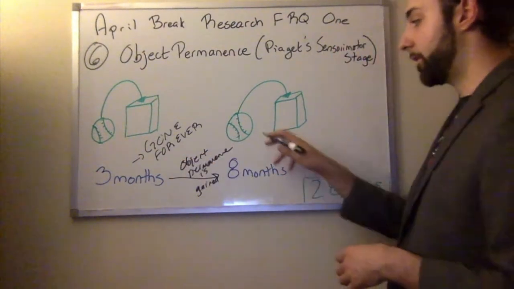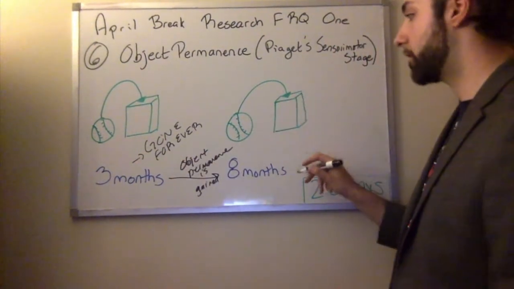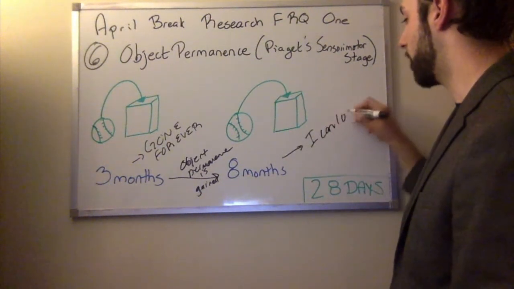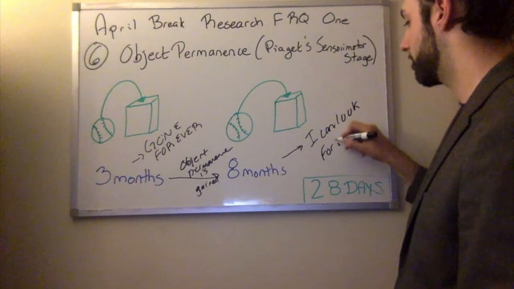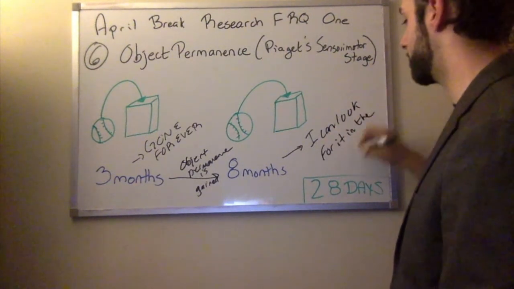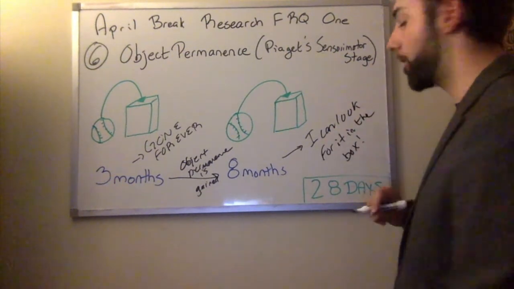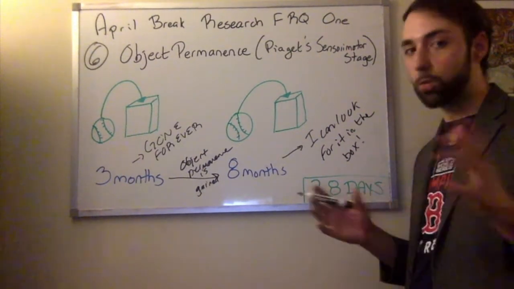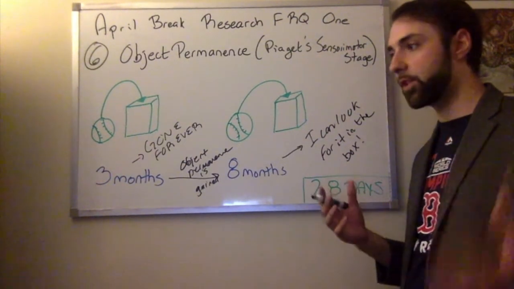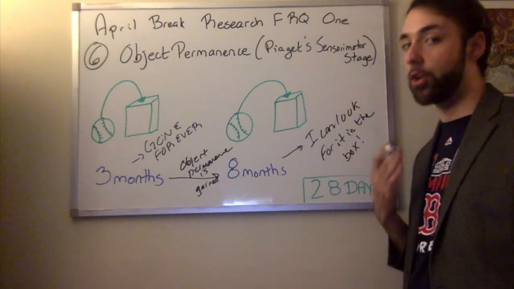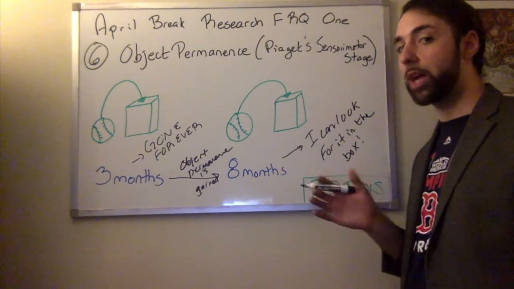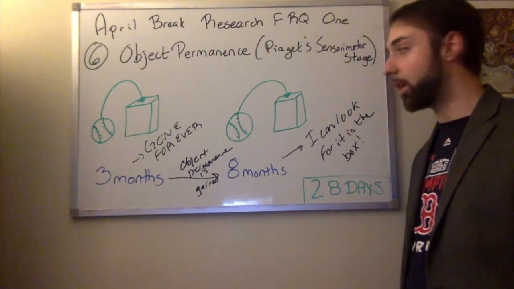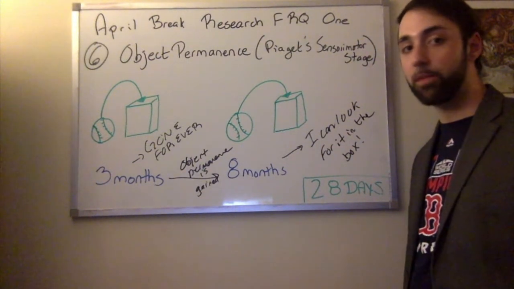So by 8 months, the child will watch the ball go into the box and still think to themselves, I can look for it in the box. The child is fully aware that the ball still exists. That old phrase, out of sight, out of mind, is no longer in effect. That child can actively open the box and look for it. The child knows it's still there. The child will not shift their interest to something else. They will actively seek out that baseball if that baseball was of interest to them before it was put into the box.